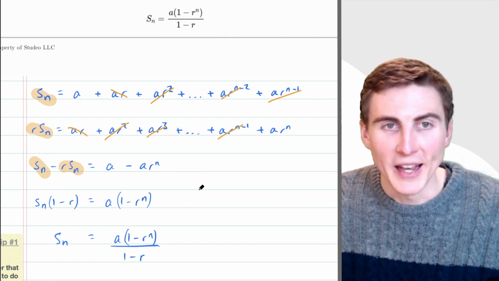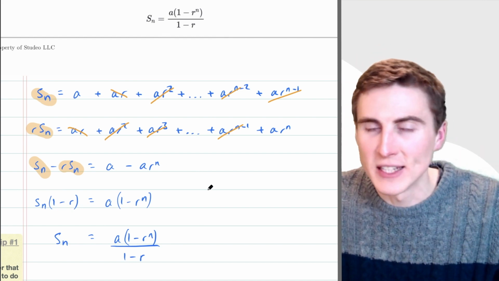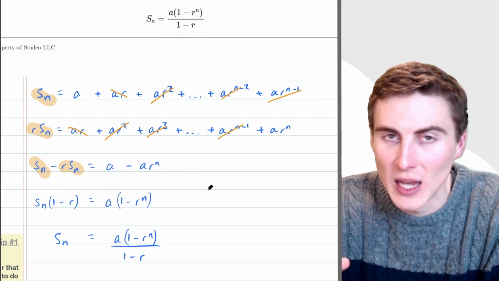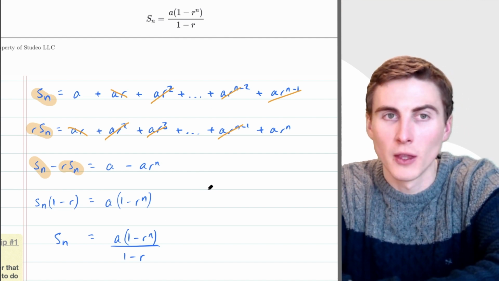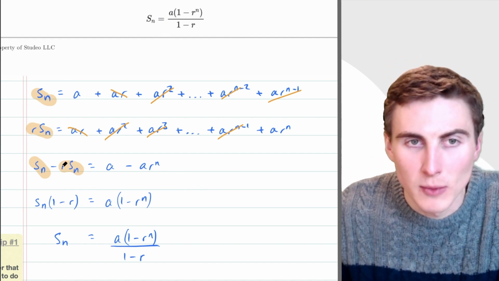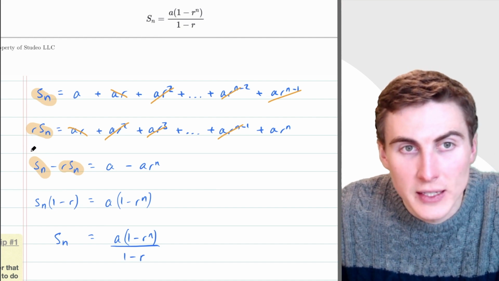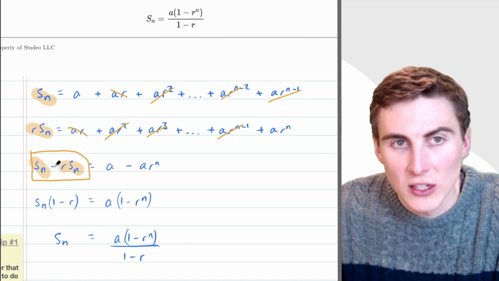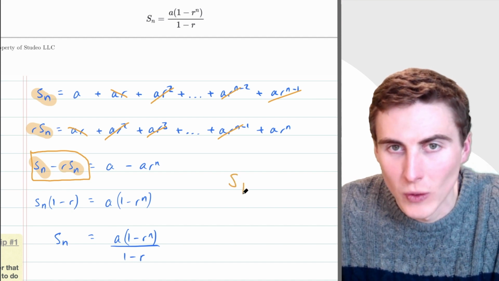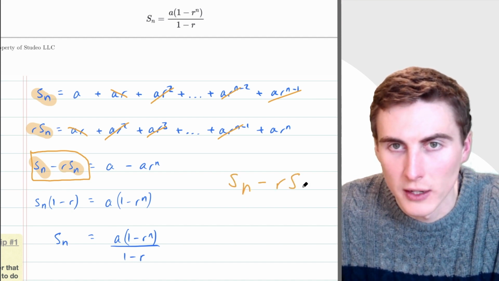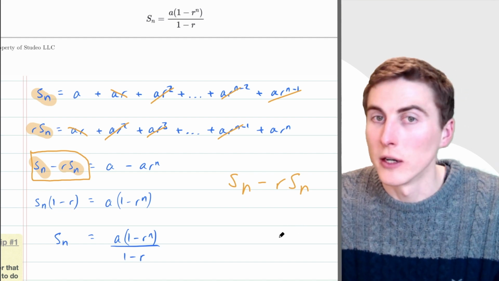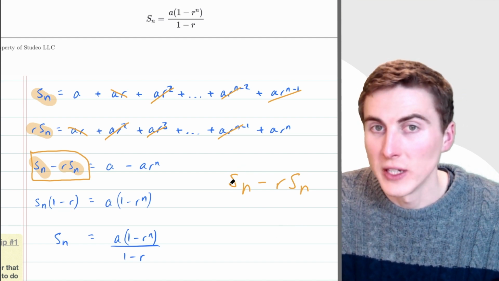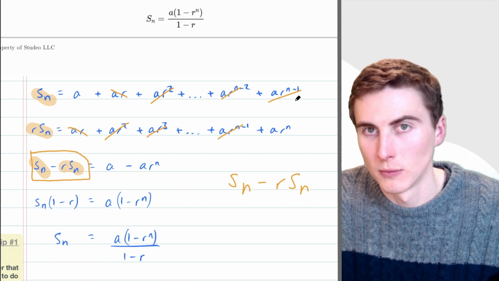So in a way, it's really difficult. If you just try to memorize all those steps, it is hard to remember. But all you really need to remember, in my opinion, is this bit here. As long as you remember that you're going to have to do Sn minus rSn, the rest of it kind of follows. Because you know you need Sn, so you start writing out all this row.